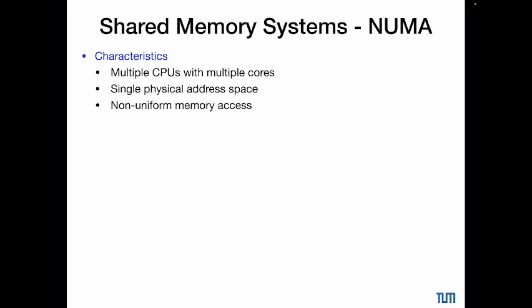So we have a single physical address space here, and you simply do load store operations to the address space and you access this memory. Very important is non-uniform memory access, so it's important which physical memory you actually access. We saw that in the M1, for example, you have also multiple memories, and some are nearer, some are further away, and so you can optimize your code by taking care of that.